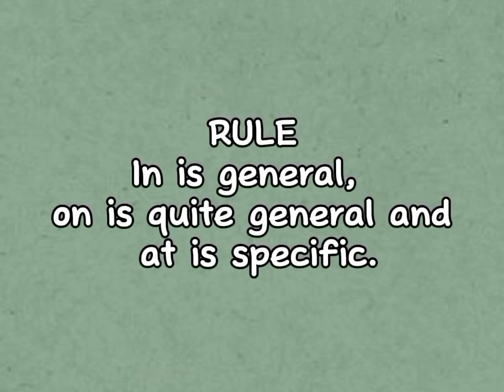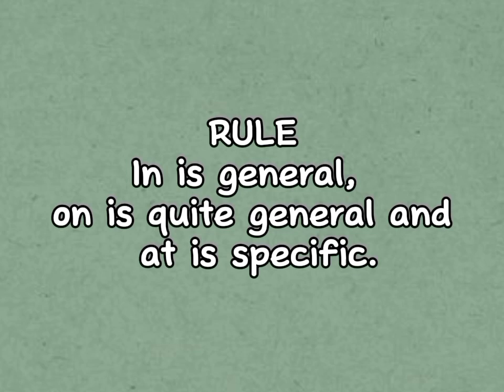Let's move on to in, on, and at as prepositions of place. The rule here is the same as the rule that I have given earlier. In is very general, on is quite general, and at is specific. Let's start with in again.